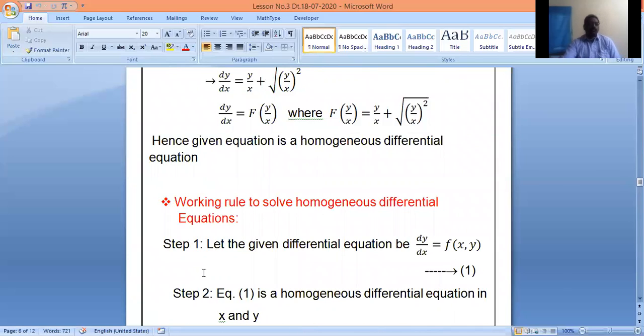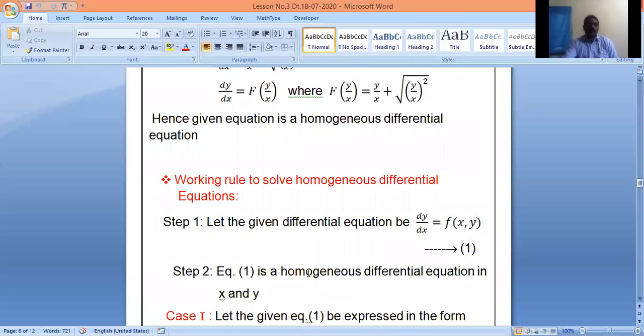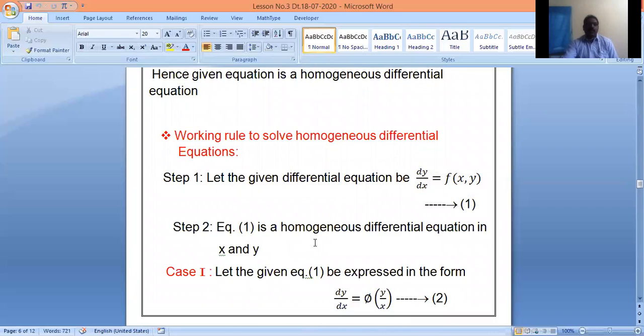Now, we are going to learn how to solve this type of homogeneous differential equation. Step 1: let the given differential equation be dy by dx is equal to f of x comma y. Let this equation be 1. Equation 1 is a homogeneous differential equation in x and y.